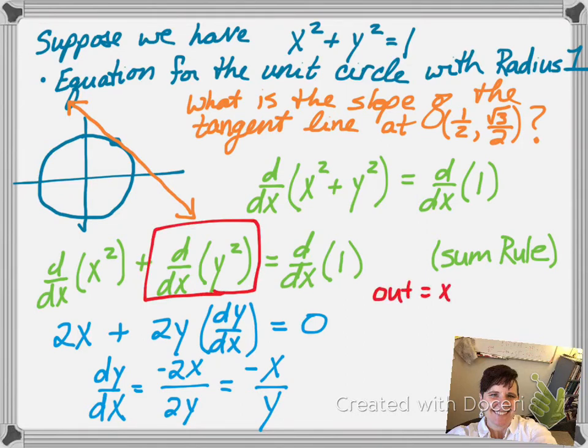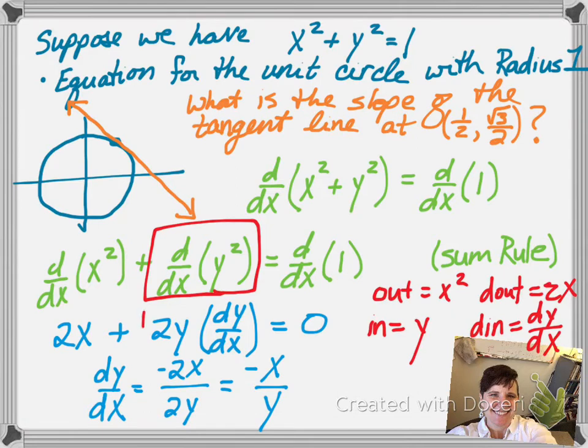Outside equals x squared, inside equals y, and the derivative of the outside is 2x. The derivative of the inside, the derivative of y, equals dy/dx. We've been doing this for several weeks now. So that's why the derivative of y squared is 2y dy/dx, because that's the derivative of the outside composed with the inside multiplied by the derivative of the inside.